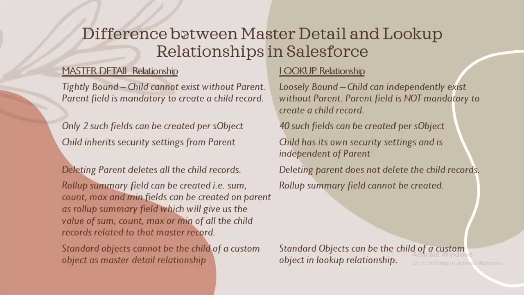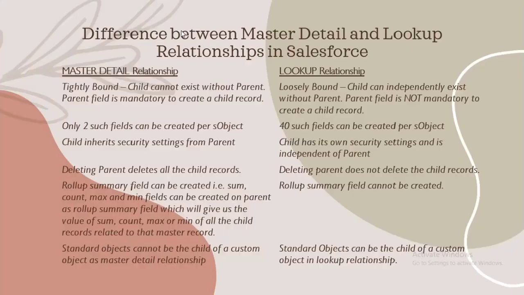And the last but not the least is standard objects cannot be the child of a custom object in a master detail relationship. Custom objects are the objects that we create. The S objects which are provided by Salesforce like account, contact, opportunities, those are the standard objects.